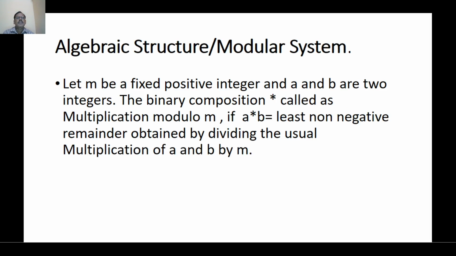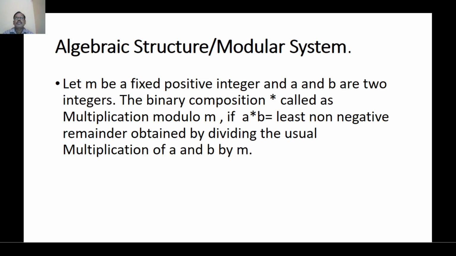Let m be a fixed positive integer and a and b are two integers. The binary composition star is called multiplication modulo m if a star b is replaced by the least non-negative remainder obtained by dividing the usual multiplication of a and b by m.